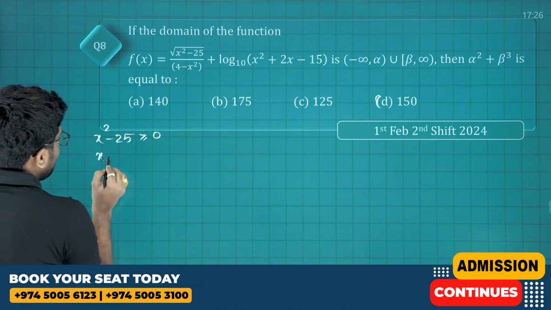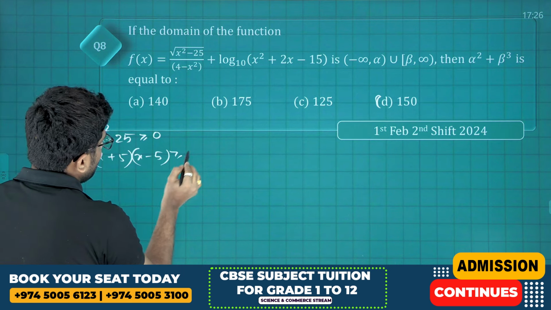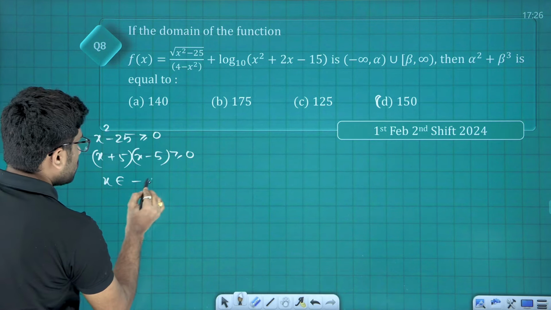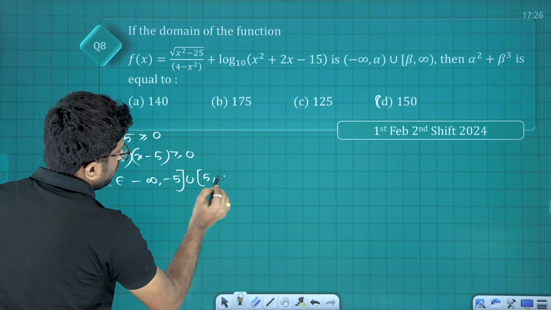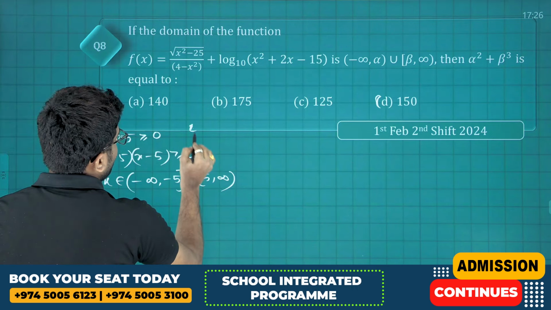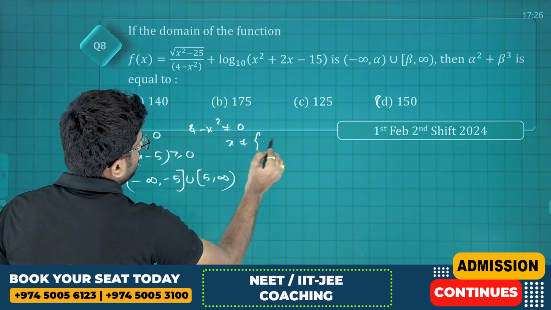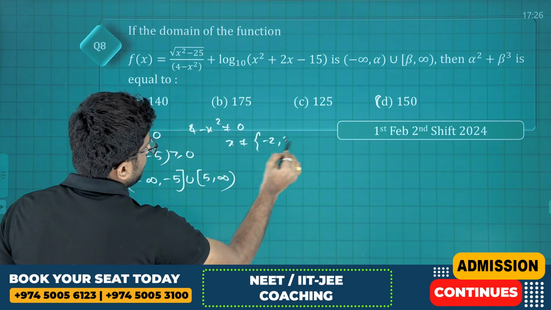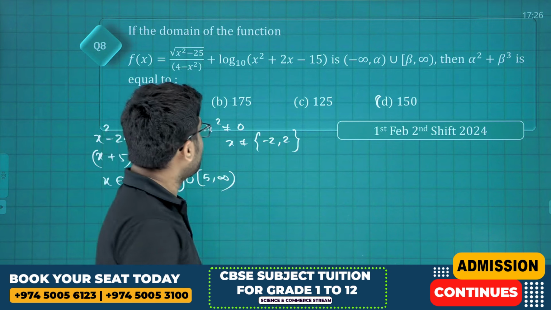So (x plus 5) into (x minus 5) is greater than or equal to 0. So x belongs to minus infinity to minus 5 union 5 to infinity. Denominator 4 minus x square not equal to 0. So x not equal to plus 2, minus 2. Luckily these two are not in this, so no need to exclude them.